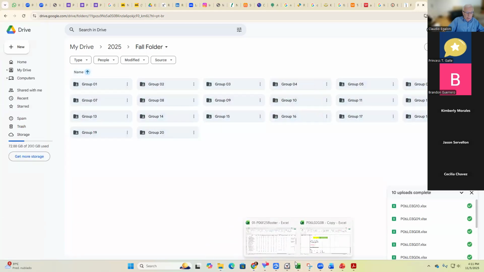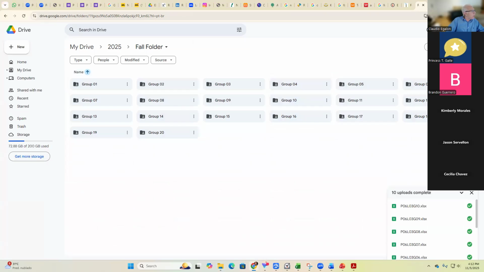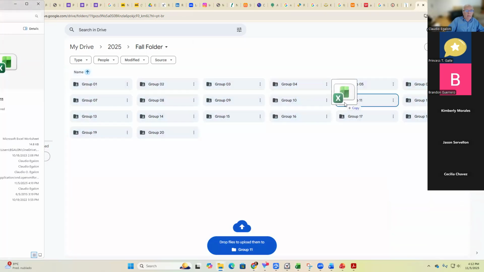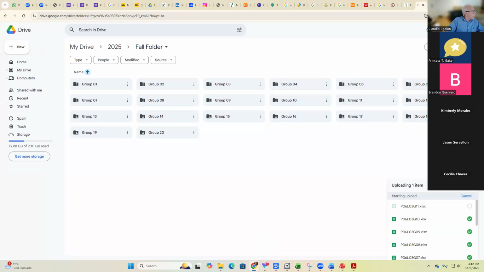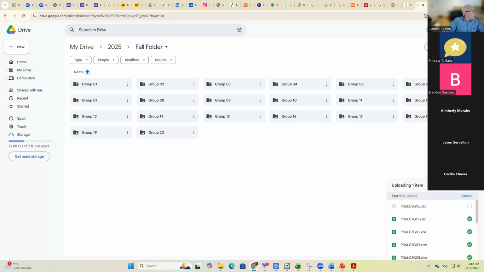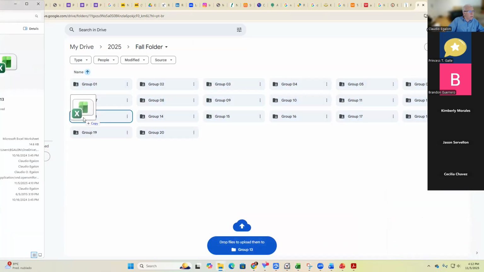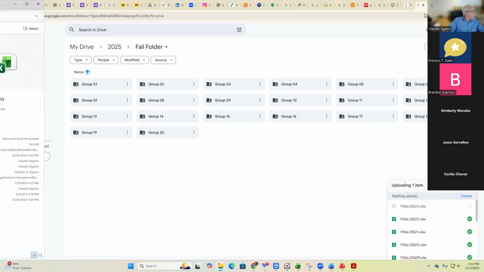Oh, looking at the roster, it's a total of 14 groups. Group number 11. Group number 12. Group number 13. And one more group here.